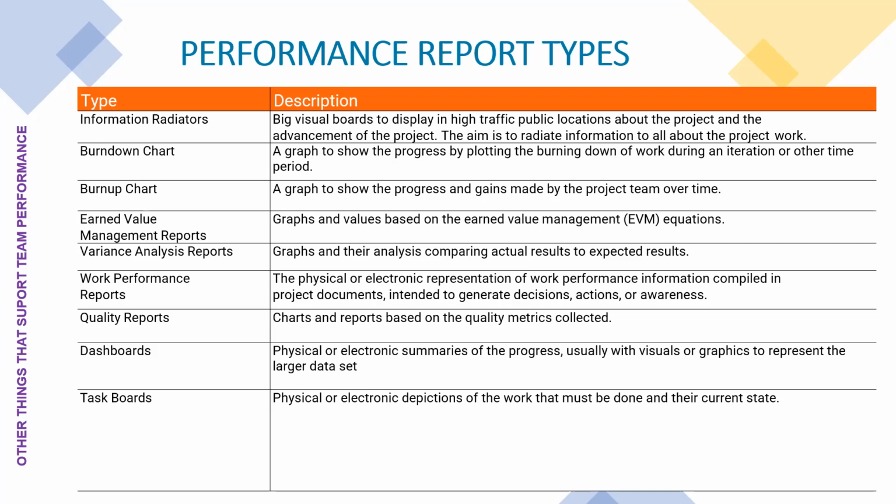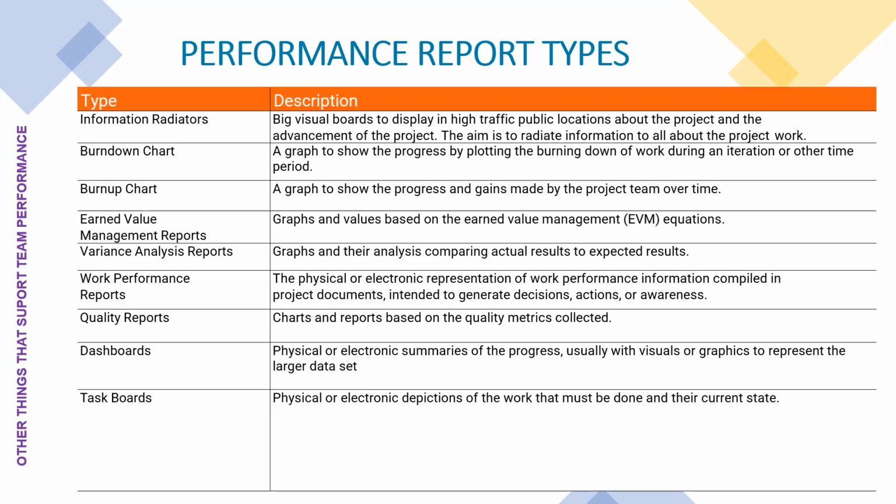Work performance report: a physical or electronic representation of work performance information compiled in the project documents. It's intended to generate decisions, actions, or awareness. What's the easiest way to understand this? Work performance report is just reporting the work you have done. What's the power of this reporting?